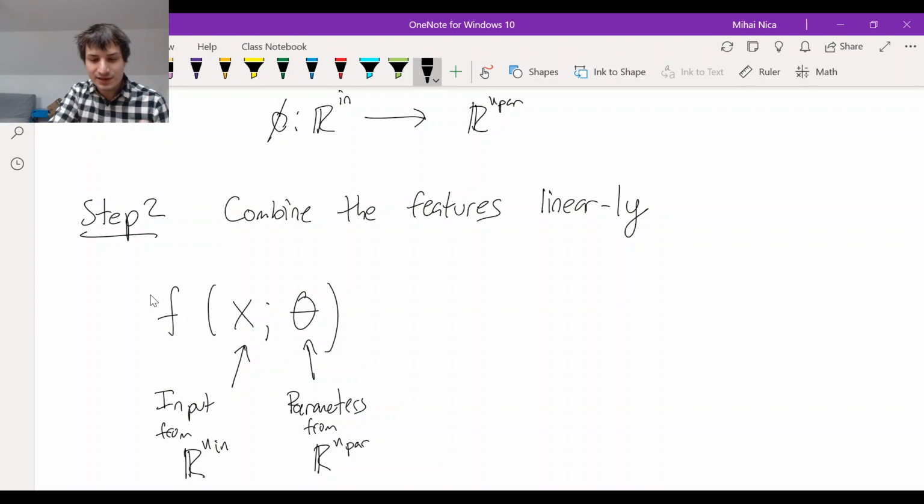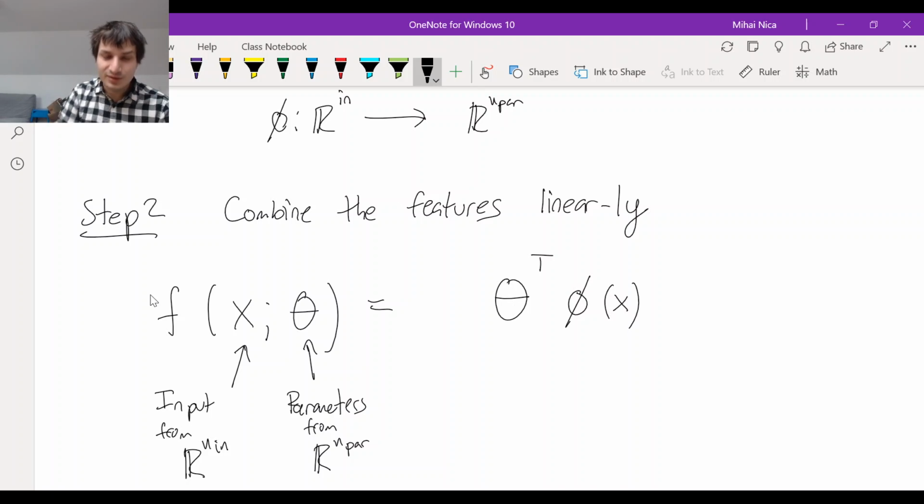Okay, and what is f of x, theta? Combining all of the features we had linearly. So the way to write that in linear algebra notation is theta transpose times phi of x. And to make sure that everything works out here, I'm going to write down the dimensions of all these vectors. That's written in the notes as well, so if you like that, that'll be there.